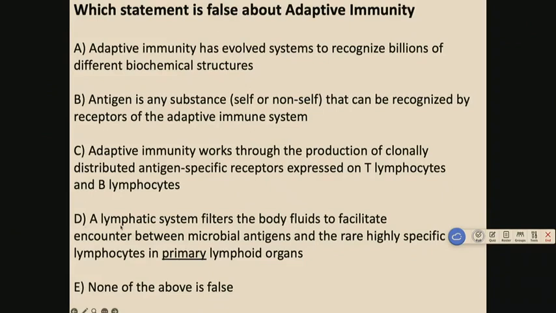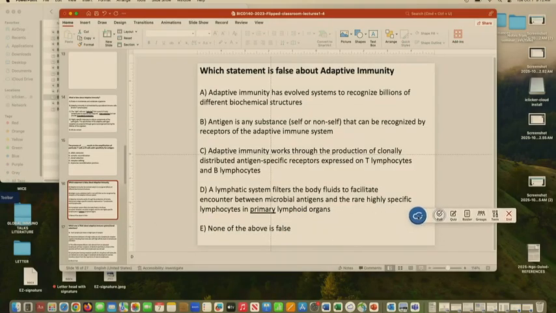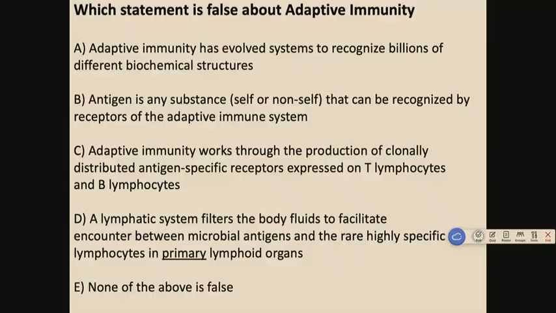But yeah, it's the correct answer. Why is D the correct answer? So D, because they don't go to the primary lymphoid organs, they go to secondary. Exactly. So all the rest is good about that answer, okay? And now I try to do it fancy, and I'm having trouble. Okay, so we will read this one, and then I'll post the next poll.